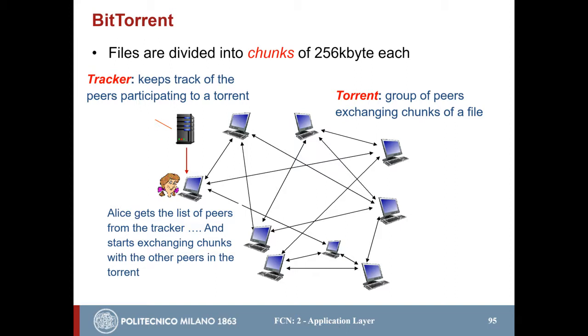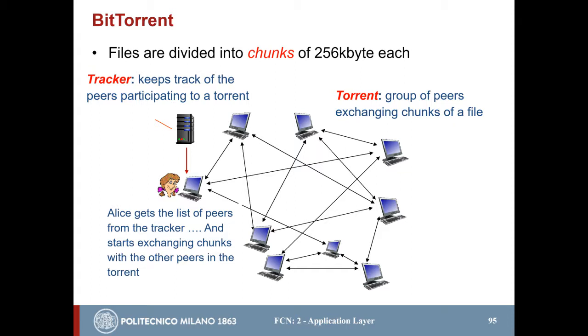This is because the original content can be divided into chunks. Each chunk can be downloaded from a different source. All the chunks are then put together by the peer that made the original request in order to make up the original content.